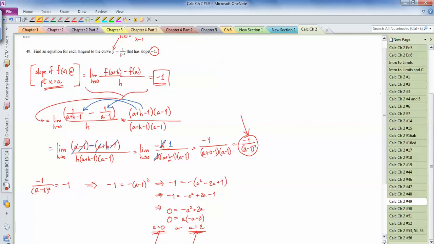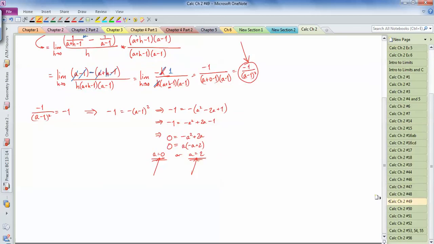What I figured out was the slope is negative 1 when x equals 0 or x equals 2. So when x equals 0 or when x equals 2, the slope of the tangent of f equals negative 1.